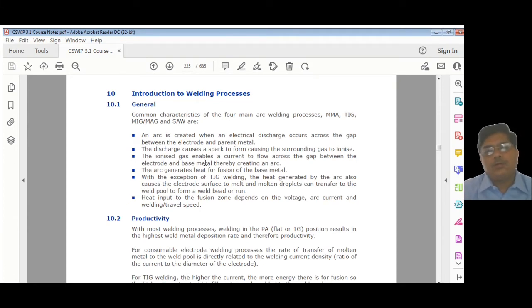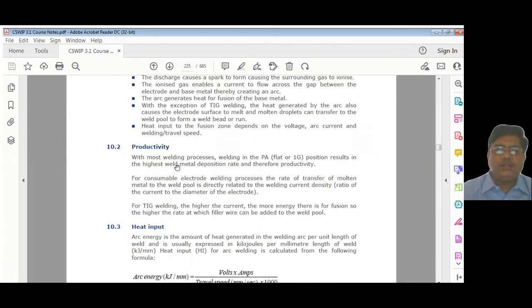There they will ask you counter questions, so your base needs to be very thorough. Do a bit of research on this topic. Don't depend only on the CSWIP 3.1 notes. They are created just to give you the basic input, and you should always learn more than that.